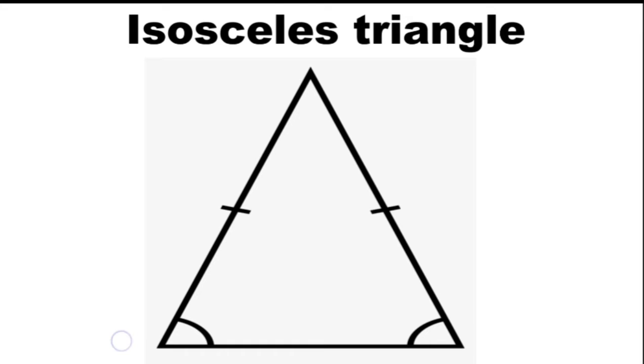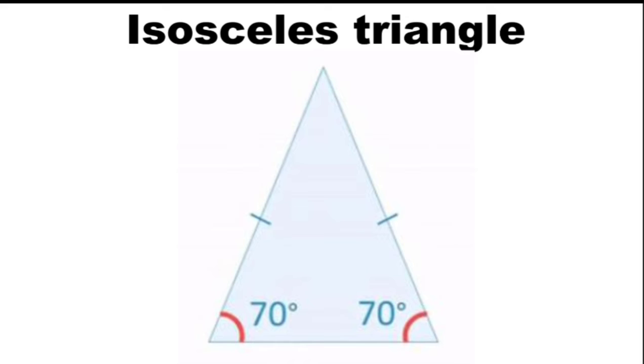Now what are base angles? This is a base angle. This angle and this angle are the base angles. Both the angles at the bottom are the base angles. Now let us see one example. Here, could you see this side?